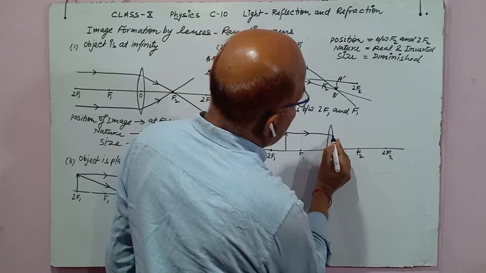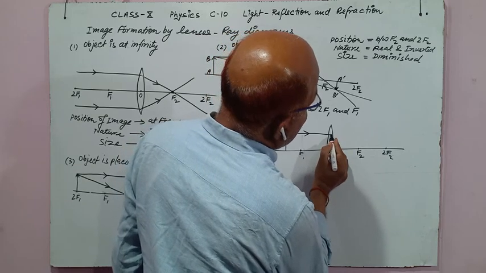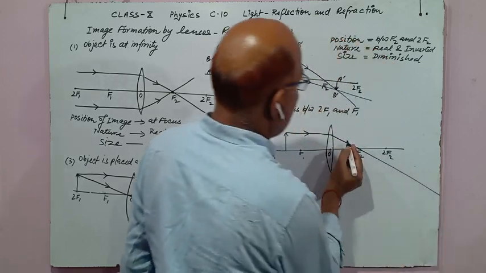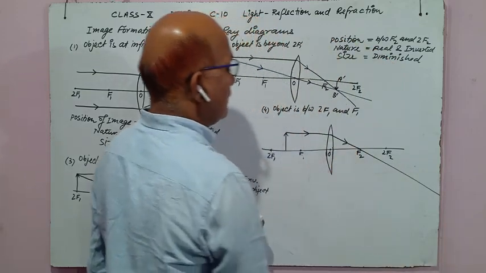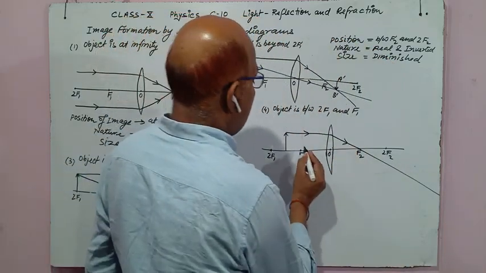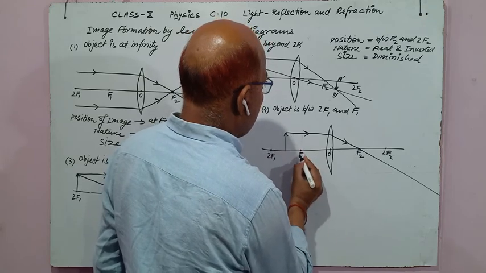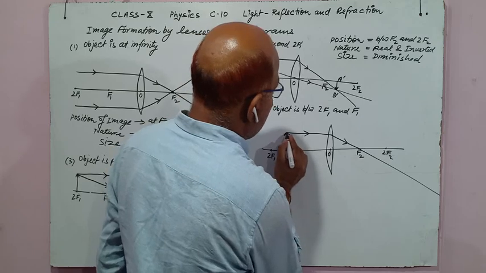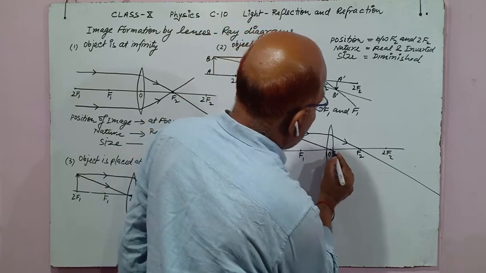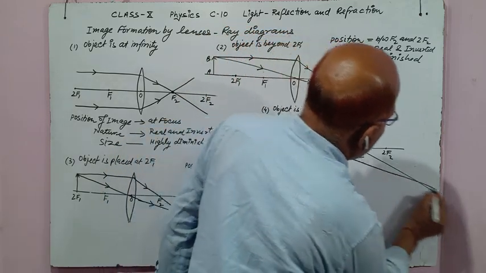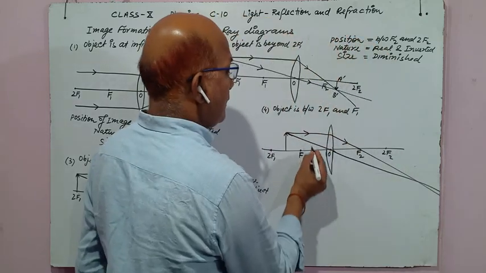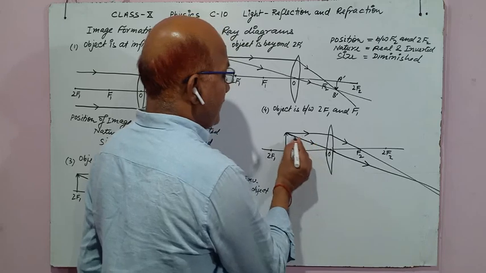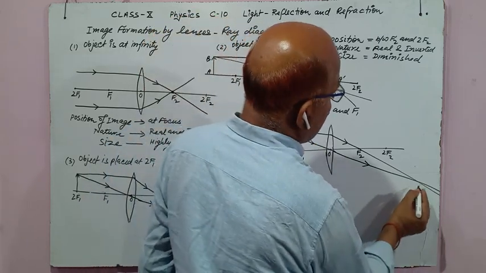According to the rule, it will pass through the focus, like this, and draw another ray passing through the optical center. This is the ray which is passing through the optical center.